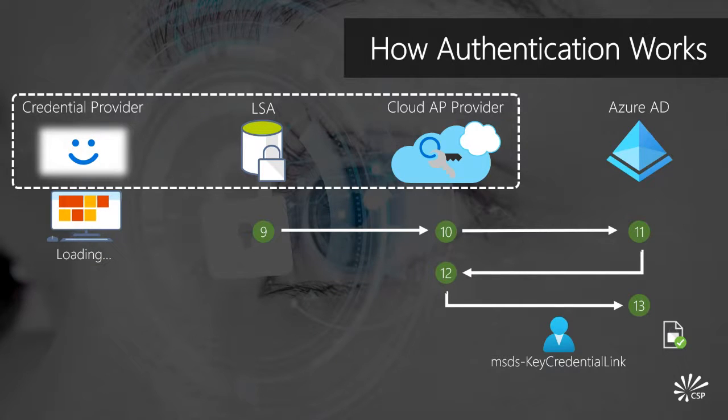Azure AD validates this signature by using the public key that's associated to the credential and is saved to the msDS-KeyCredentialLink attribute on the Azure AD object, just like how on-premises Active Directory validated the signature because it knows what the public key should be.